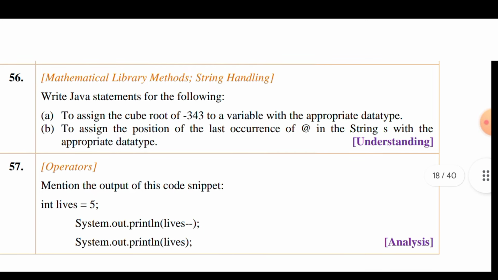To assign the position of the last occurrence of the character @ in the string s with the appropriate data type, we need an integer variable, any name we can take, and then lastIndexOf, and inside it we will write that symbol, @.